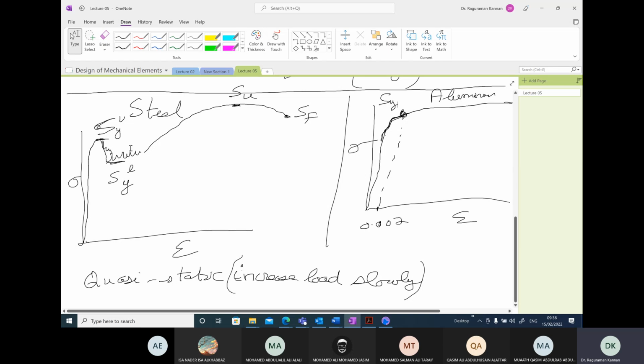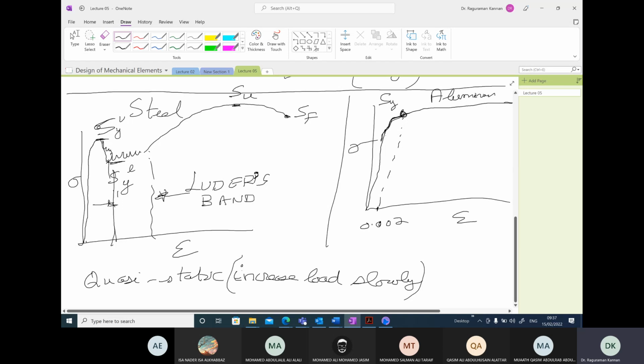The slip phenomenon does not take place over the entire cross section of the steel specimen. It happens, okay, in this particular region, which is called Luder's band. If you carefully listen, there should be an apostrophe here, Luder's band.